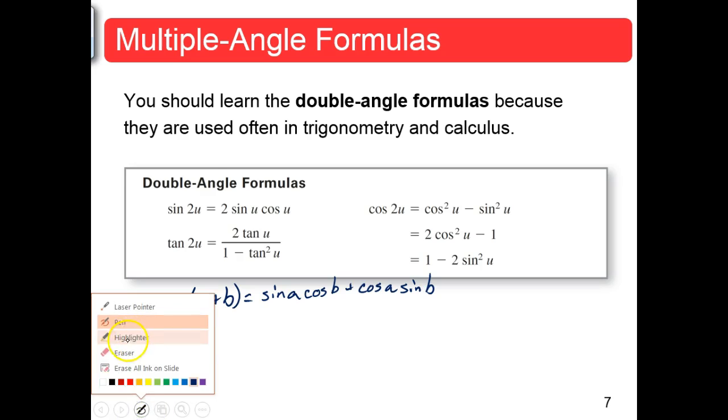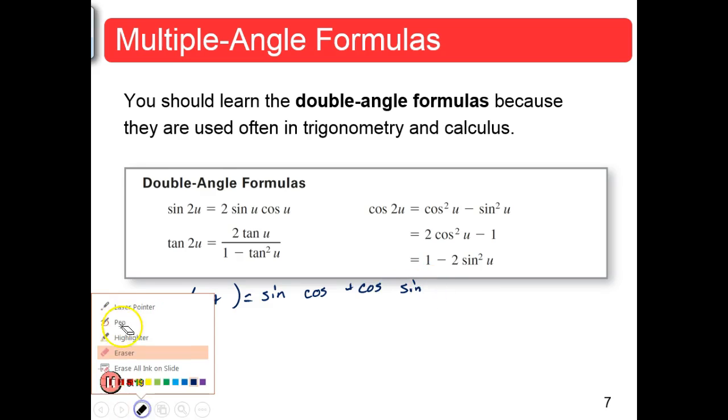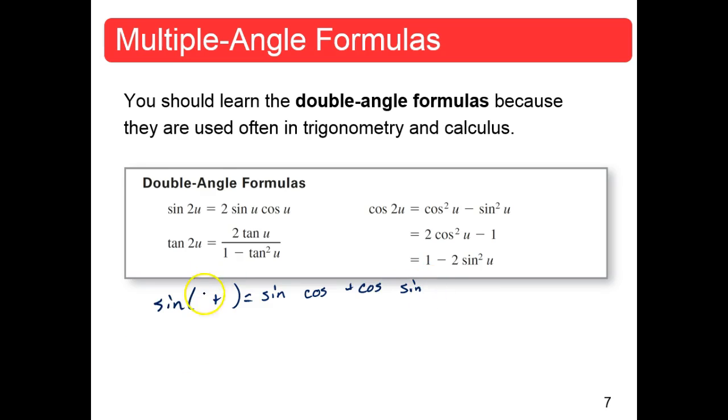I'm going to go back and change these just because I thought it would be simpler doing it the other way. Let's not call them A and B. Let's call them U and V. Okay? You know that, right? Nothing new. You worked with it so much, you know it by heart, right?